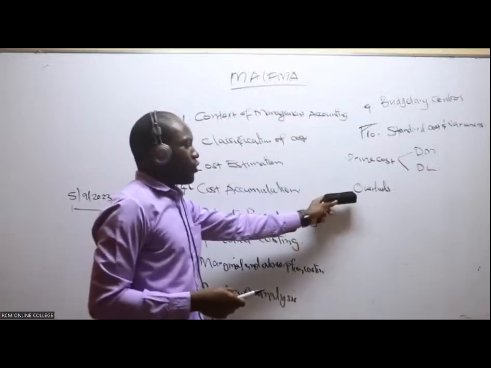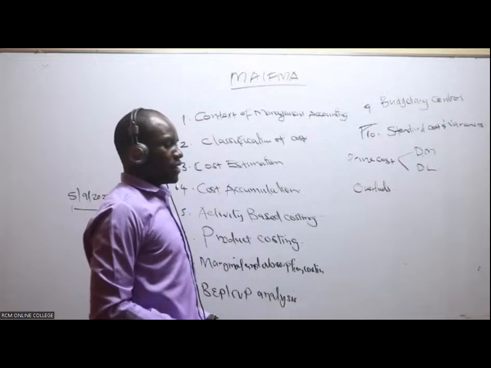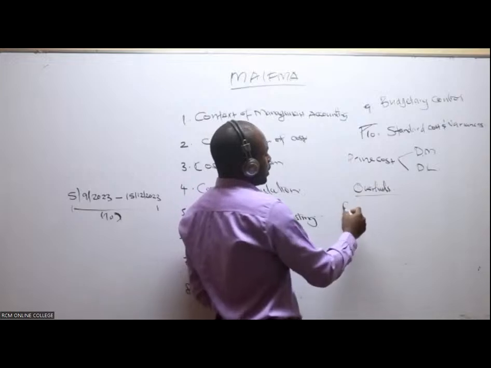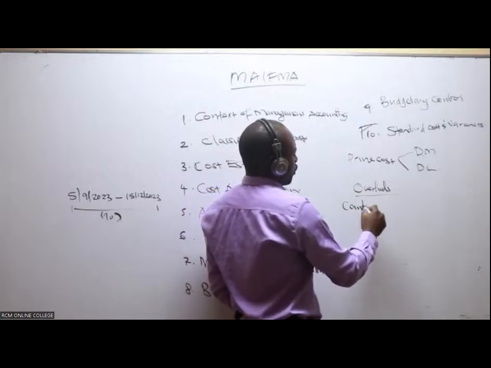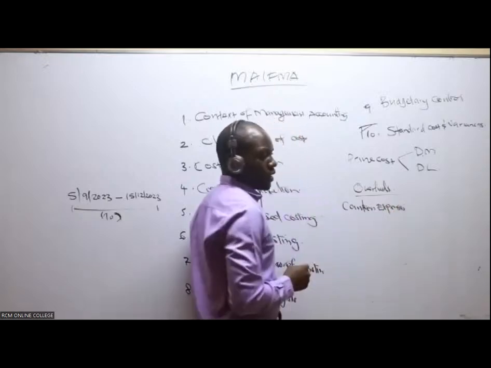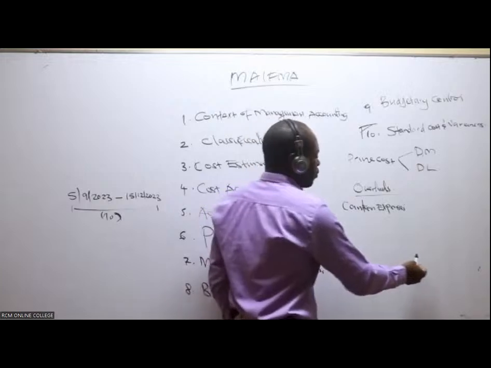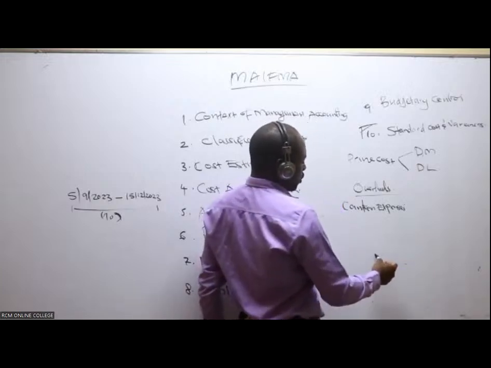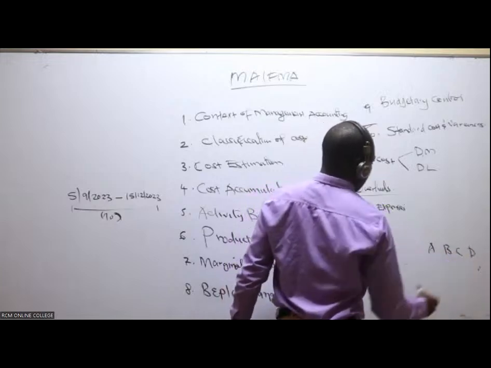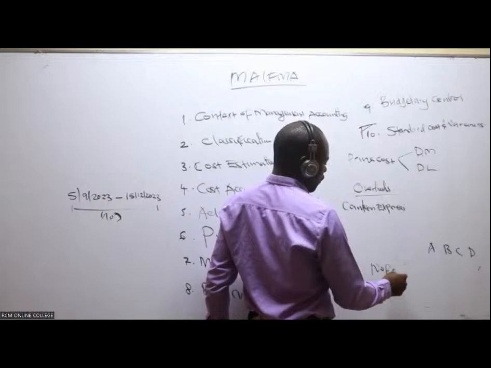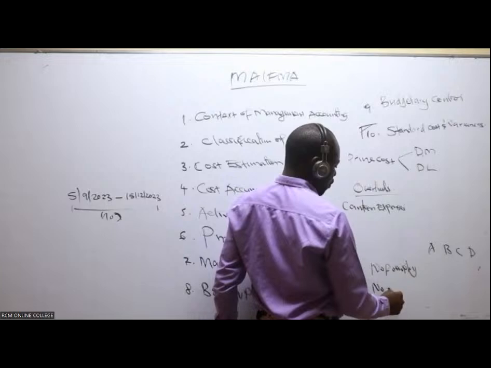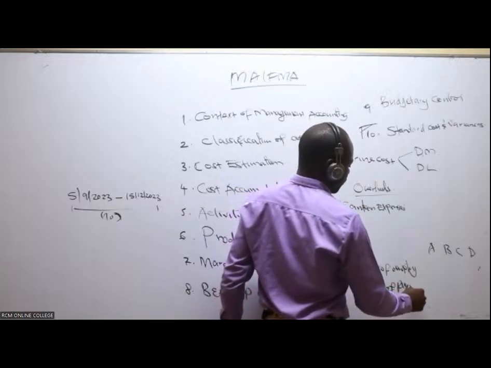So for these overheads, we are going to have what we call allocation basis. For example, one of the overheads happens to be canteen expenses. Then the allocation basis here, you have departments A, B, C, D. Then we have number of employees, then number of requisitions.